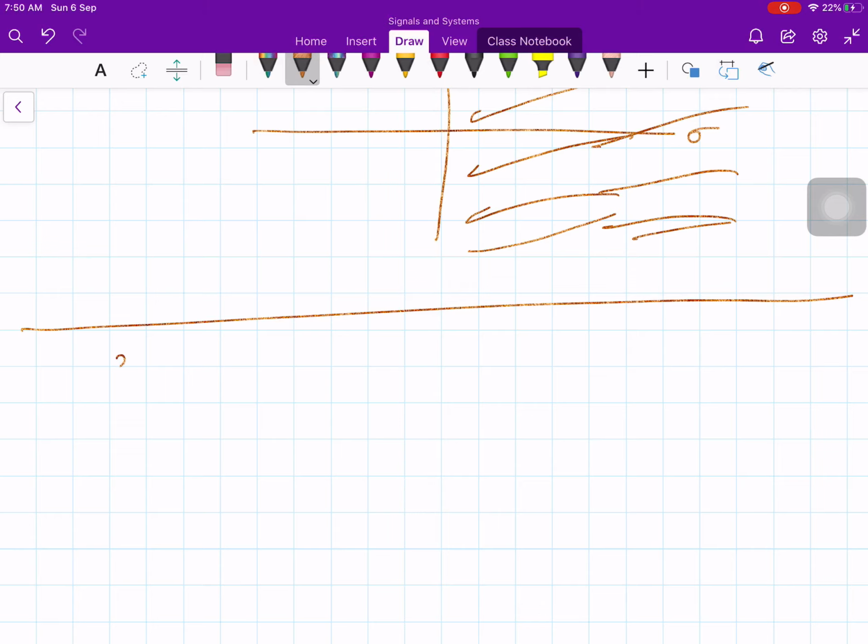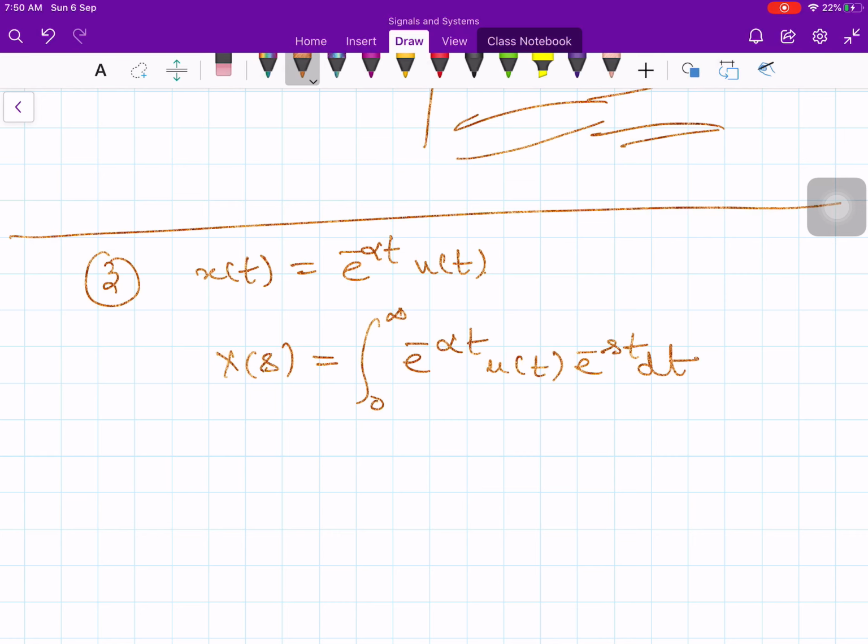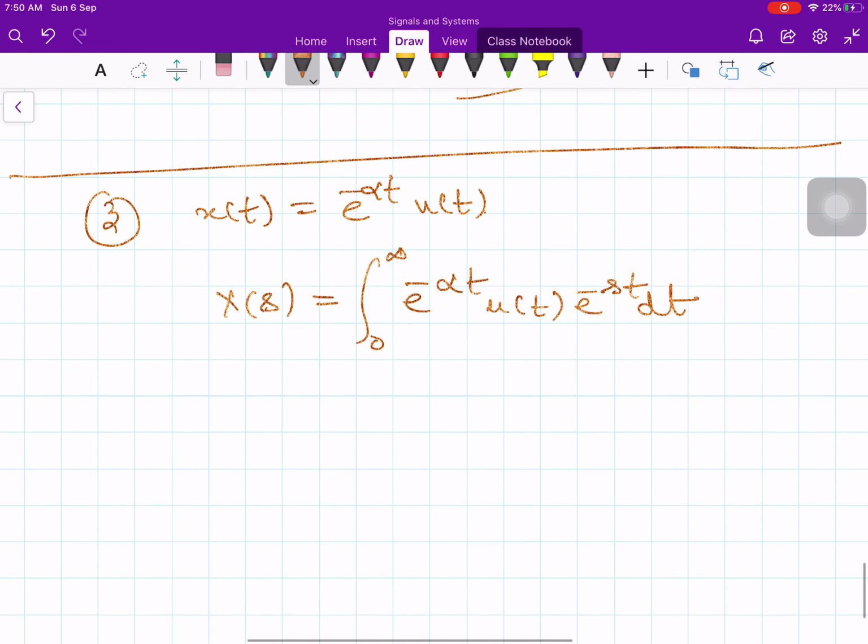So x of t is equal to e to the minus alpha t times u of t. Now by definition, X of s is equal to the integral from 0 to infinity of e to the minus alpha t times u of t times e to the minus st dt. Anyway, from 0 to infinity, u of t is equal to 1.